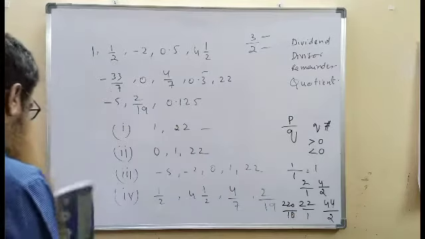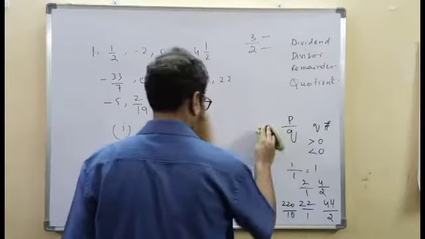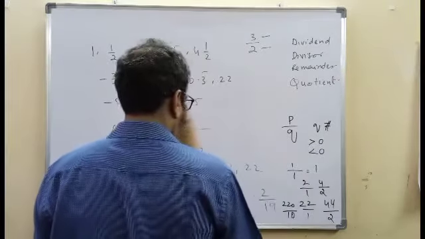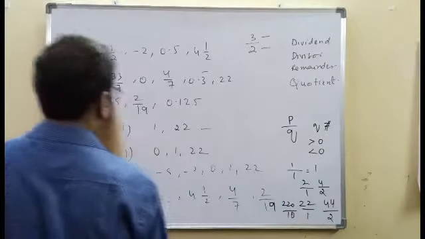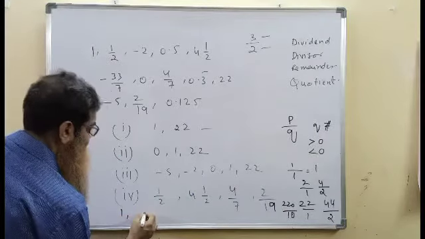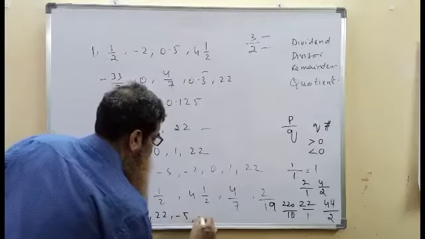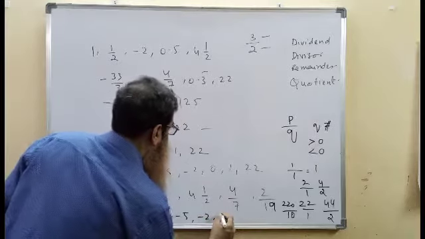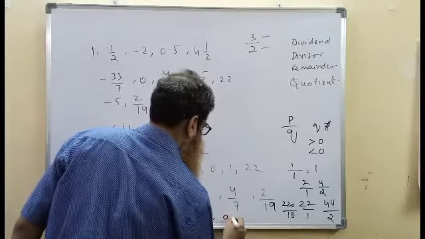So in the list of numbers that is given to us, all the numbers are rational numbers: 0, 22, -5, -2, all these numbers are rational numbers.